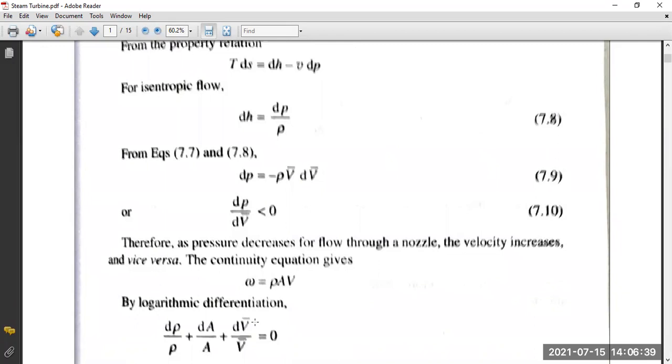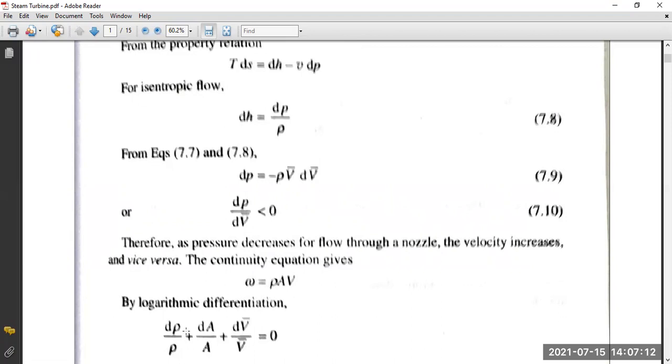By logarithmic differentiation, what will happen? We'll have d rho by rho plus dA by A plus dV by V equal to 0. Because if we take log on both sides, it will be log omega equal to log rho plus log A plus log V. Omega is a constant term, so its derivative will be equal to 0.